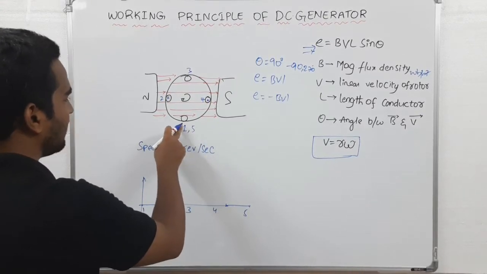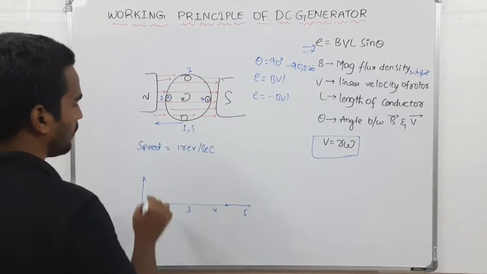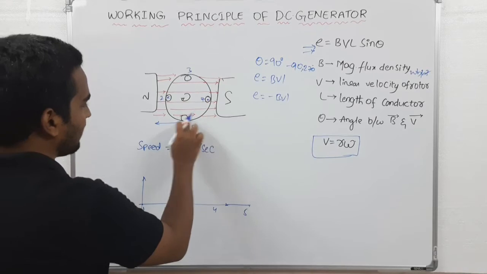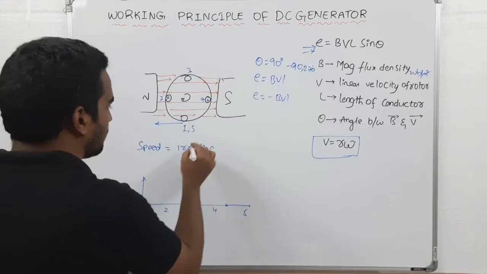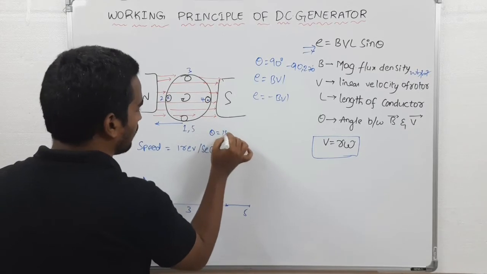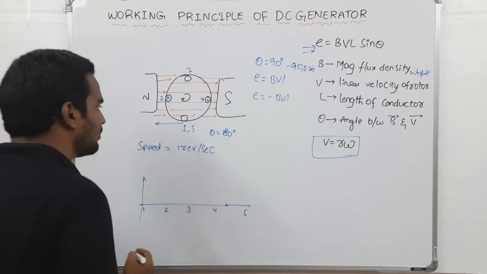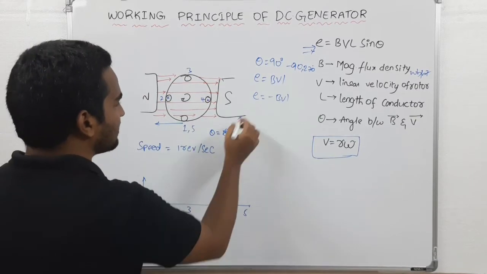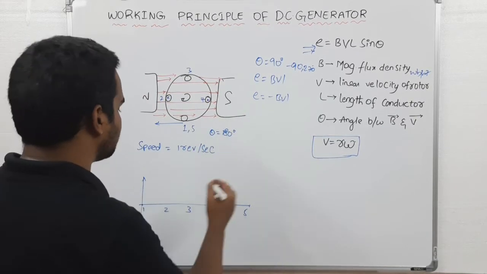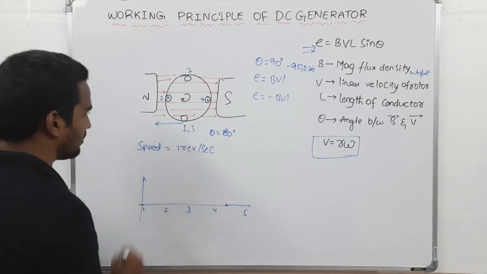At this point, the conductor is moving in this direction and the flux lines are in the opposite direction. So theta equals 180 degrees. These two are anti-parallel, so theta is 180 degrees, and sin 180 is 0. So at position 1, the value of EMF is 0.